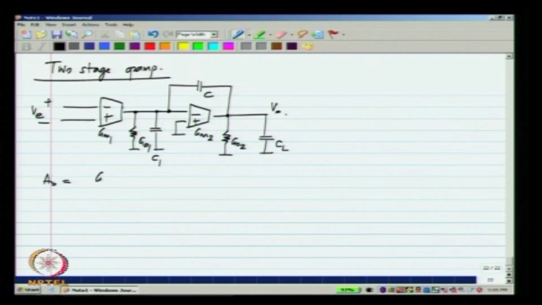The DC gain is the product of the two DC gains.